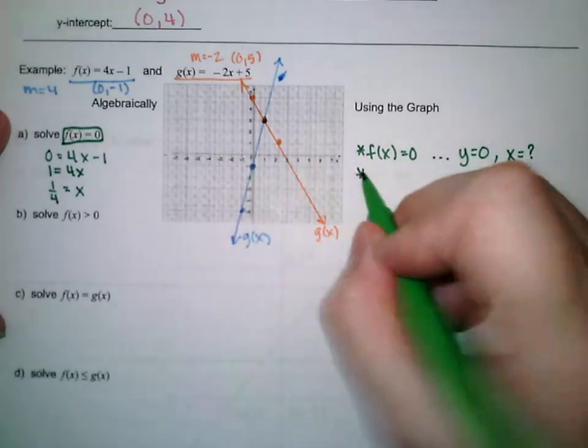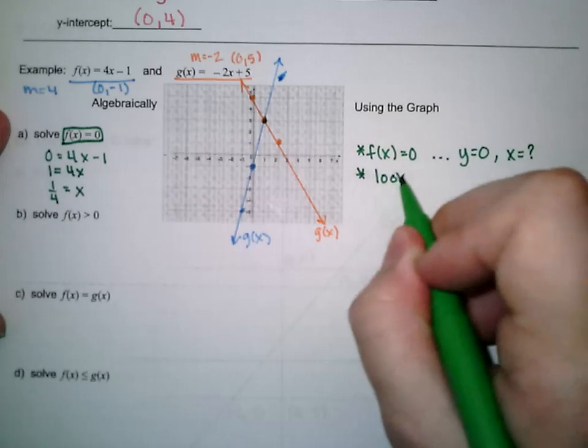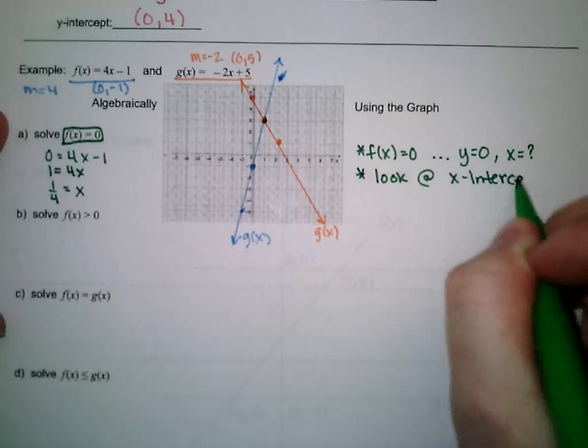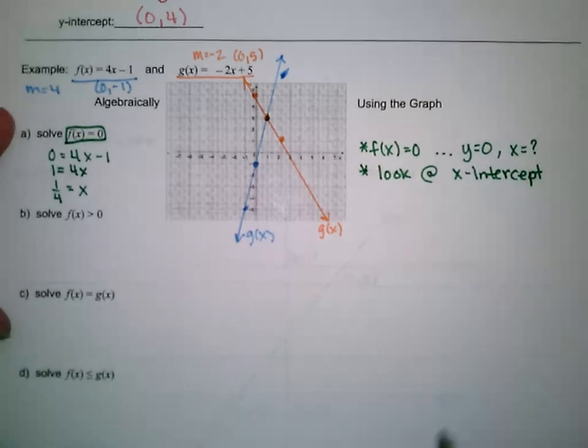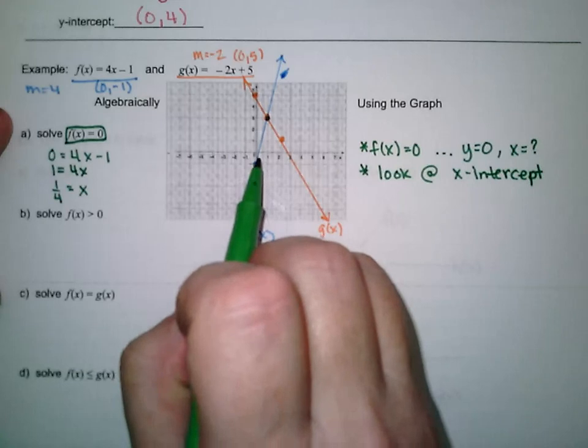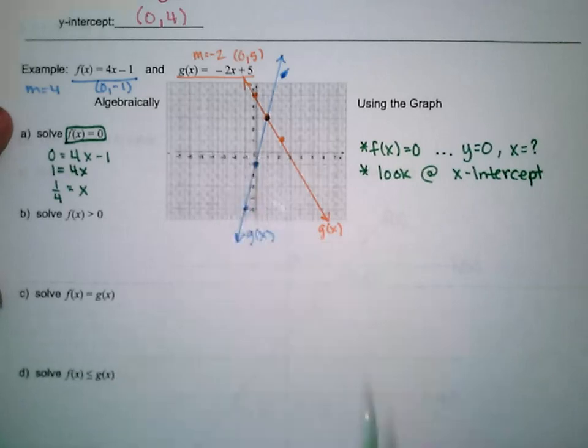So we're looking for the x-intercept. If it's labeled for us, we can get that, if it's on a nice number. If it's not, we're going to have to just estimate this at 1/4. Hopefully we'd estimate it at 1/4. But that's how we would do it using the graph.